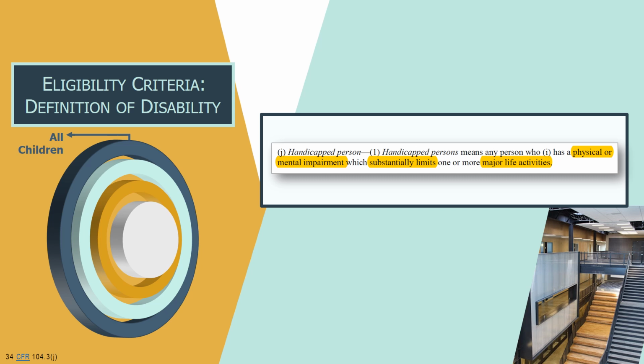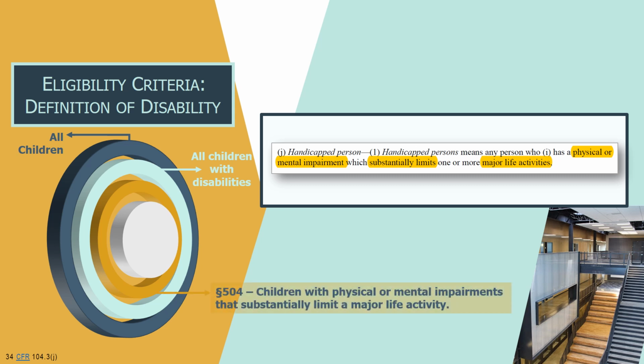This visual represents all students within a school. A portion of these students are students with disabilities that do not meet the definition of impairment described in Section 504 and IDEA. They are represented in the light blue inner ring. The middle gold ring represents the portion of students within a school that have a disability that meets the Section 504 definition and are served under that statute.